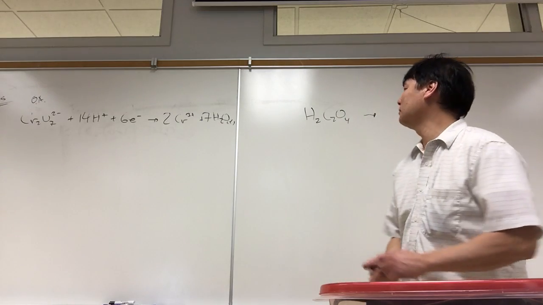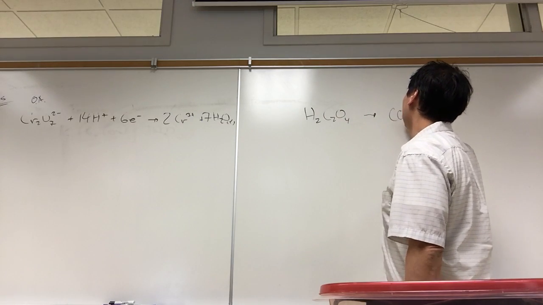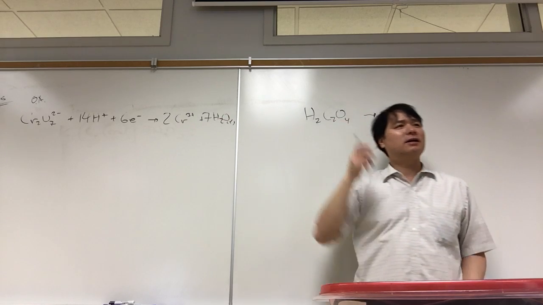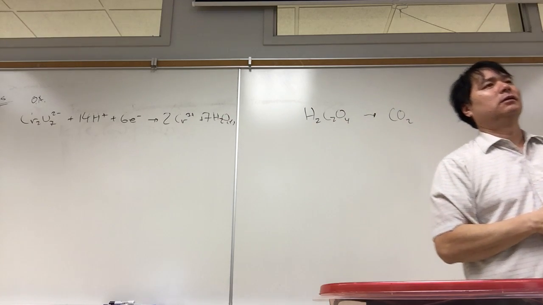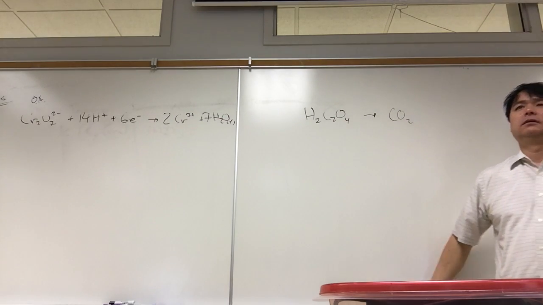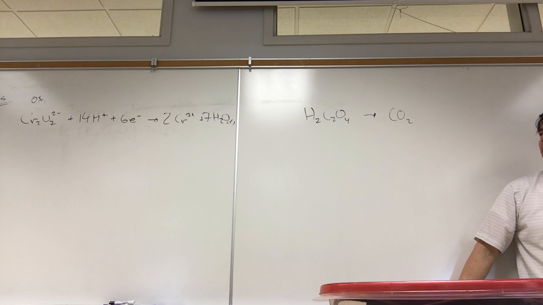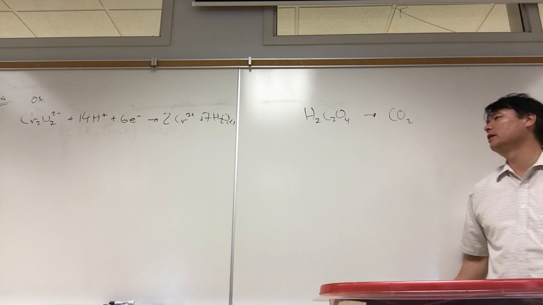Can you go beyond carbon dioxide? Not really. Not with an ordinary oxidizer. We'd have to have an exotic oxidizer, more powerful. Fluorine or something like that, if you wanted to do that. We'd create some very unstable stuff.